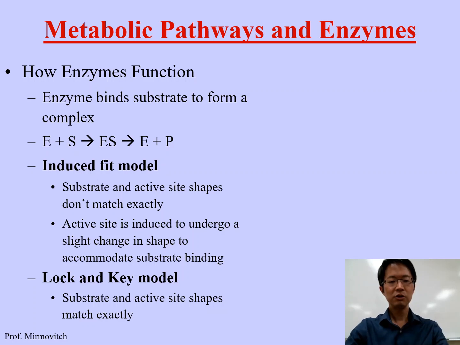So there are two models for explaining how enzyme works. One is called Induced Fit Model. What happened is that substrate and the active site, the shape is not perfectly matched, but it is close enough so that when the substrate goes into the binding site or the active site of the enzyme, the substrate forces itself into the active site and causes a slight change in shape.